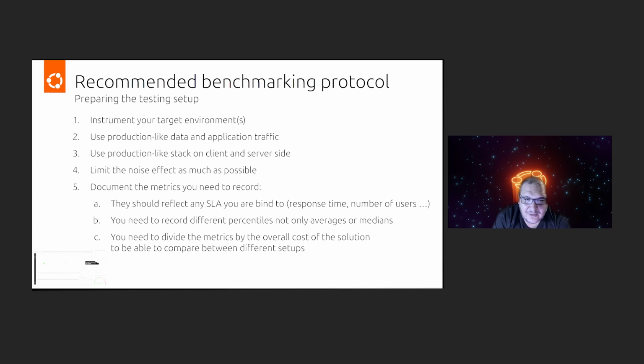You need as well to, and this is quite important for me, divide the metrics by the overall cost of the solution. This is just to factor in the cost of the solution and to be able to reason and compare two different setups from a cost perspective.